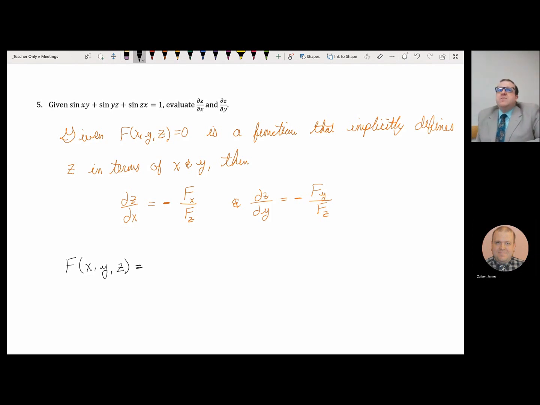So what would our function big F be for this problem? And we want to write it as f equal to 0. So what is f?